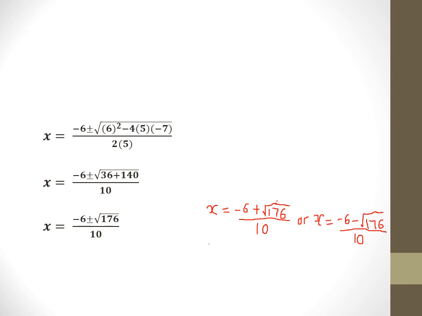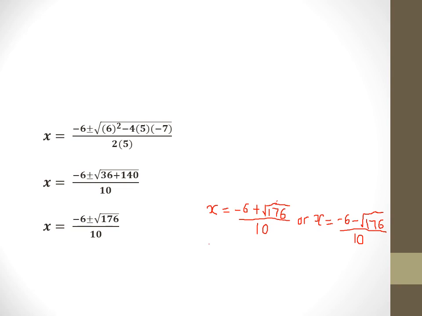So 36 plus 140 will give us 176. So now we are finding the values of x. x is equal to negative 6 plus square root of 176 divided by 10. Learners, we are separating the positive and the negative, as you see in a quadratic formula, to find the values of x.